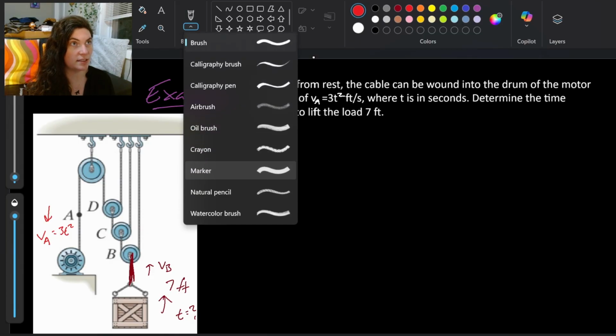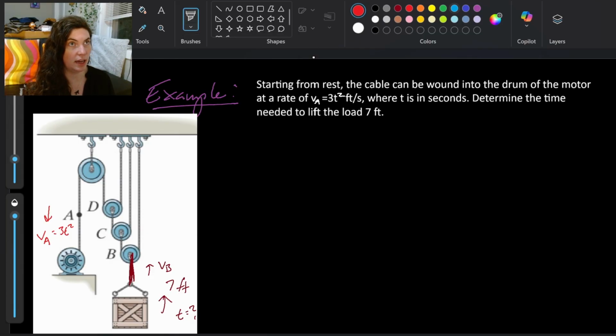Starting right to left, there's this cable around B that connects into C, then this cable from the ceiling around C that connects to D, and then this cable from A around D up to the ceiling.